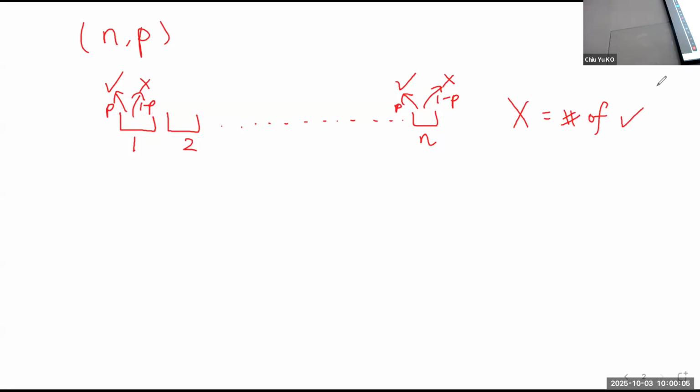In many cases it has been used to describe the stock market, right? Each box is a day, tick is the price goes up, cross is the price goes down. Or you can think of making phone calls: n phone calls, and p is the probability of success, where you make the phone call and close a business deal. So on and so forth.